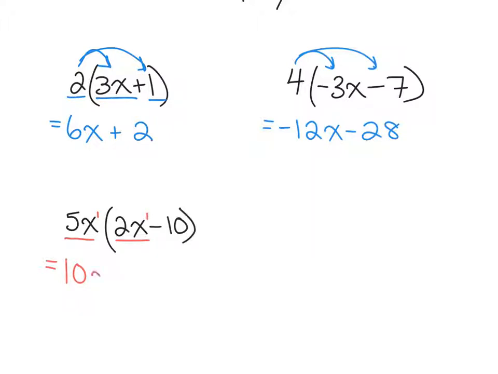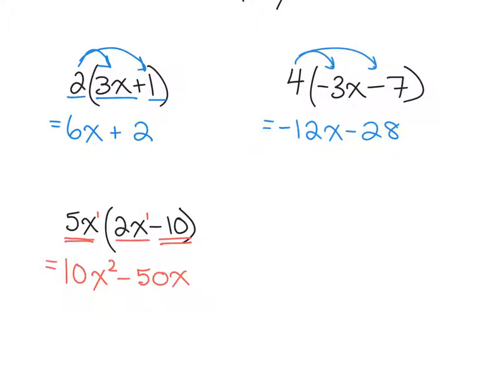So if I add those exponents, I get x squared. Okay, so sorry, my thing just cut out. Hopefully it's okay. So anyways, I was saying, when we multiply 5x times negative 10, we get negative 50x. And that's our final answer because x squared and x are not like terms.